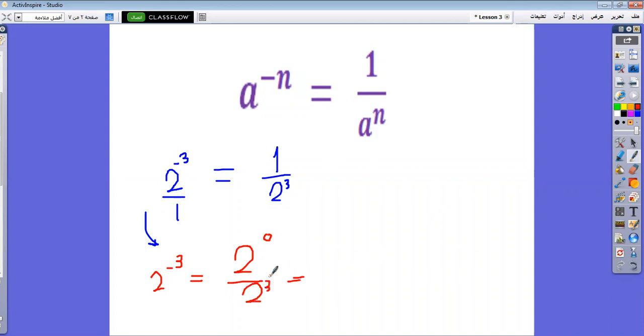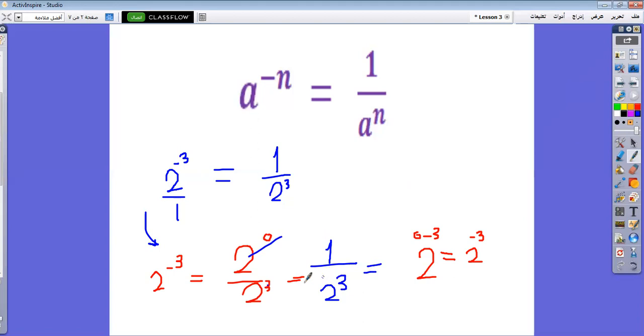Because if you divide, you have the same base, which is 2, and you subtract the powers: 0 minus 3. So the answer will be 2 power 0 minus 3, which equals negative 3. Let's find the value: 2 power 0 equals 1, and 2 power 3 equals 8.